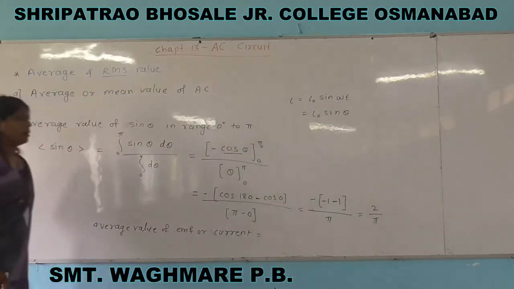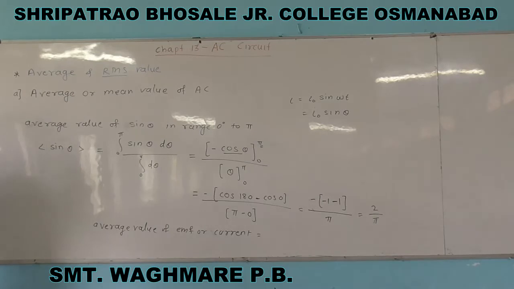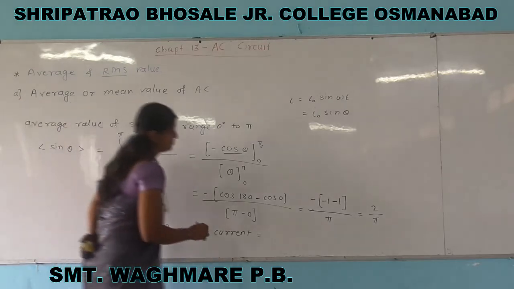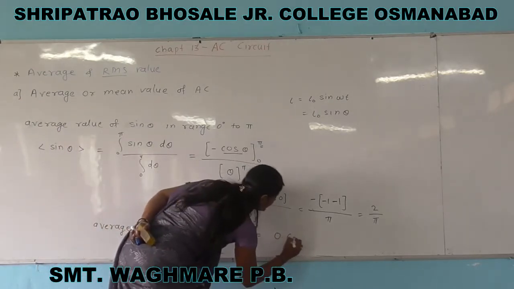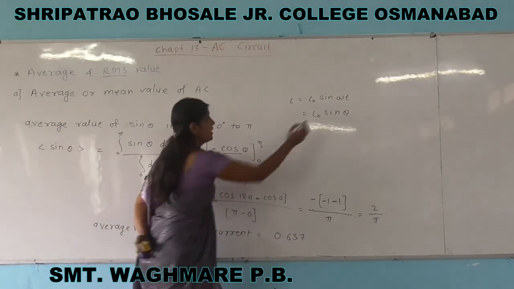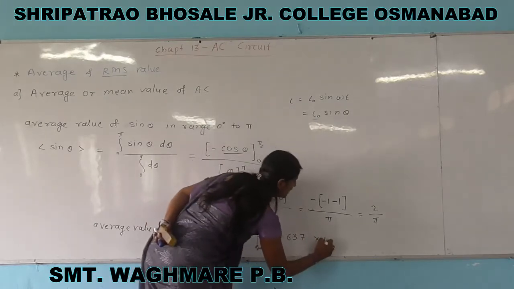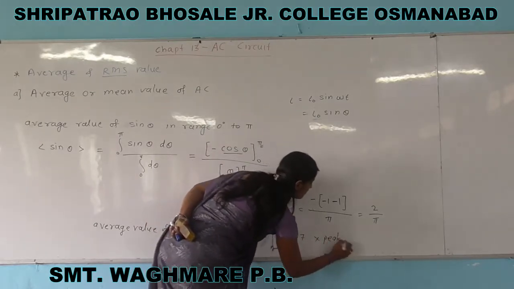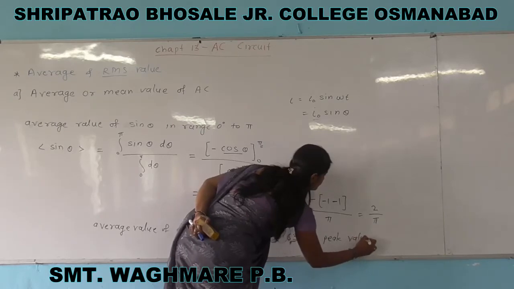Therefore, the average value of current or EMF, the value of sin theta average is 2 by pi, that is 0.637 into the peak value.